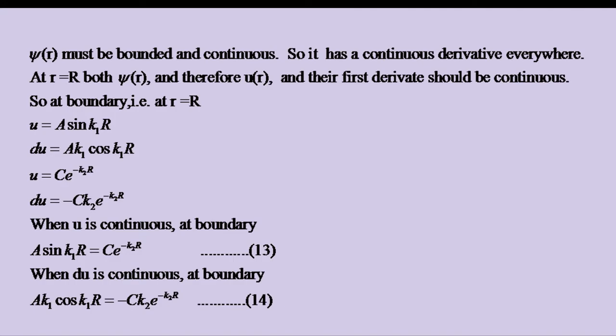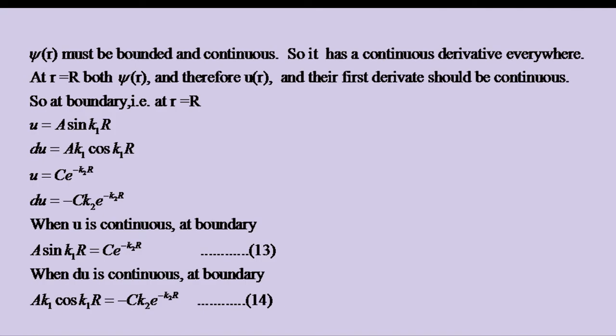So the probability of occurring of this Deuteron at a particular distance should vary between a minimum value and a maximum value, between these extreme values. That means your psi(r) should be a continuous function between the bounded values.